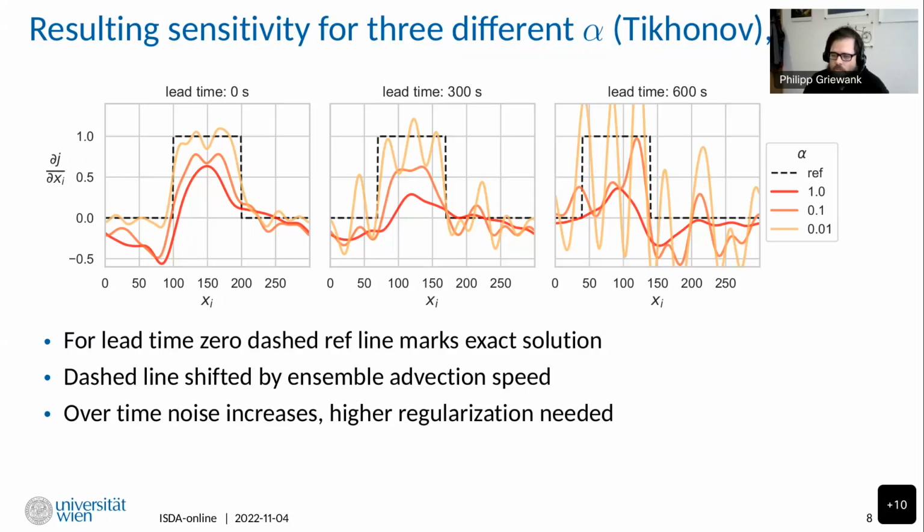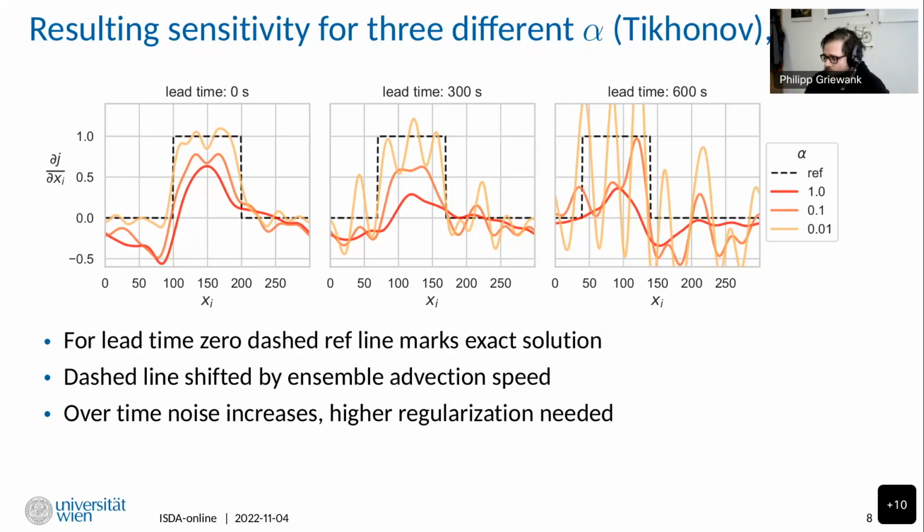So in the middle of the domain it's a 1, and outside of the middle of the domain it's a 0. So the sensitivity we compute should ideally just be this dashed line. With increasing lead time, we don't know exactly what it should look like, but we know it should be moving upstream with the mean advection speed of the ensemble that you saw on the last slide. So we have a pretty good idea what our sensitivity should look like.